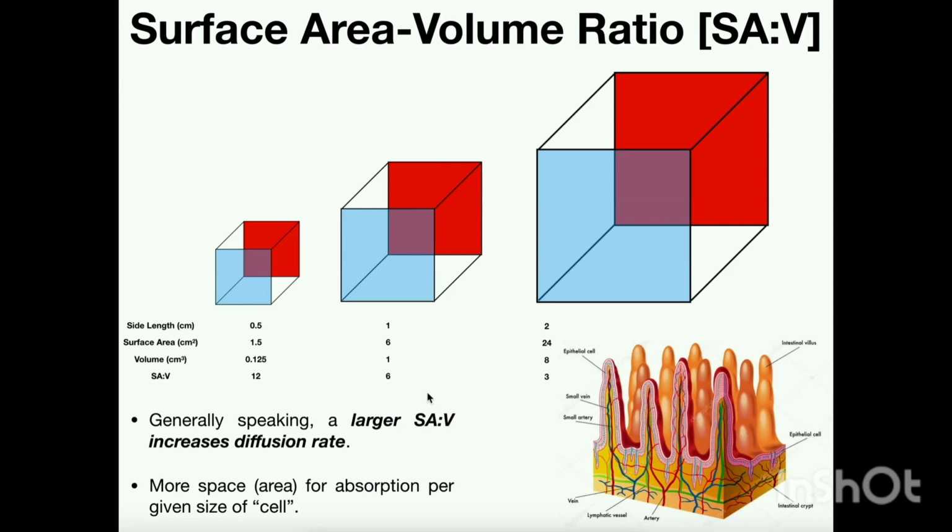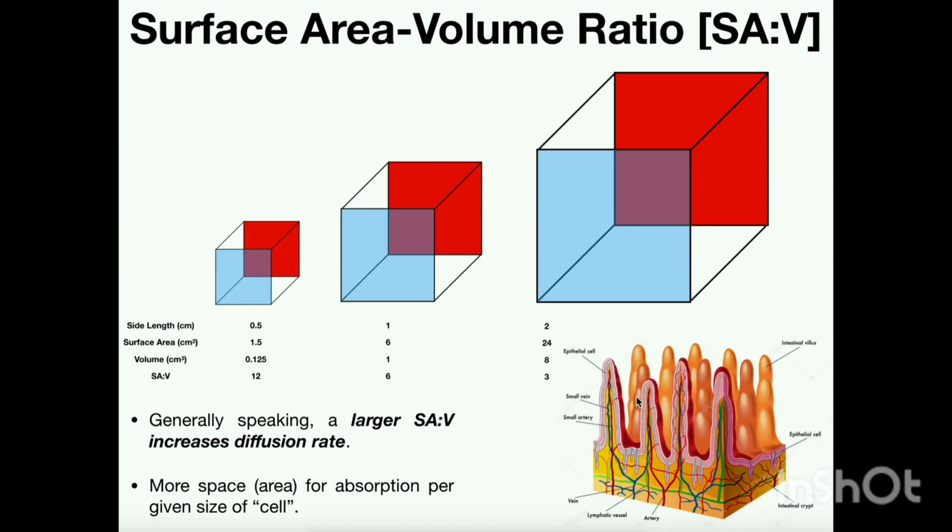And the reason why increasing surface area to volume increases diffusion rate is because there's more space or area for absorption of nutrients, let's say, per the given size of the cell.